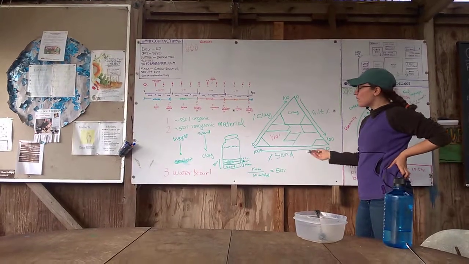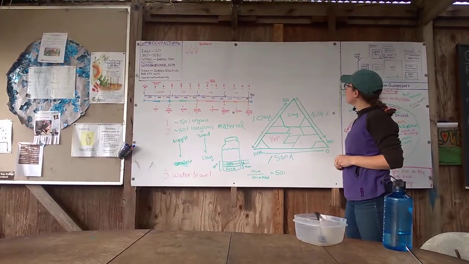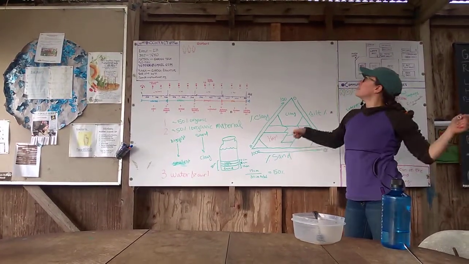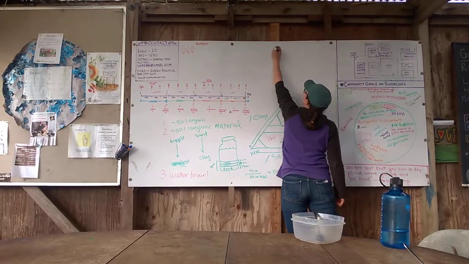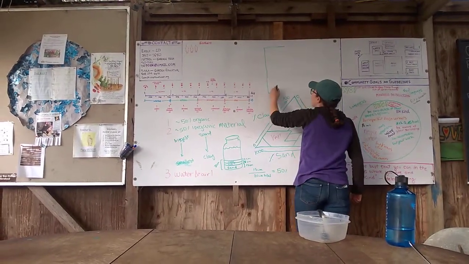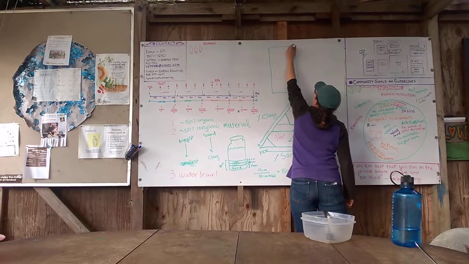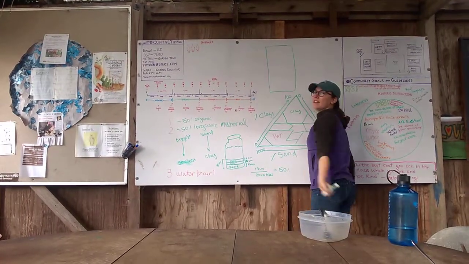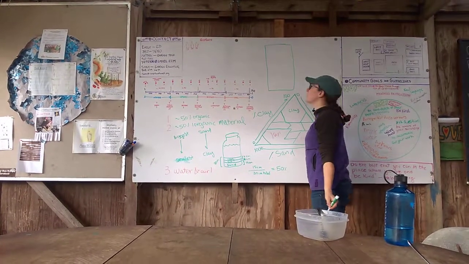So the only other thing that I can add is what soil looks like. If you were to just dig a huge pit and get into it, it would look like this.